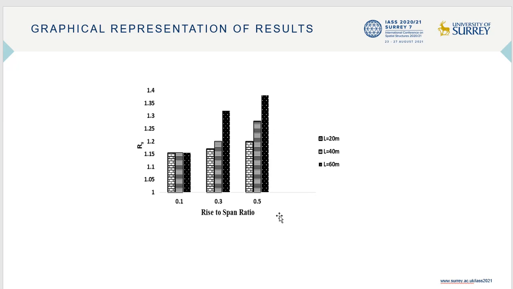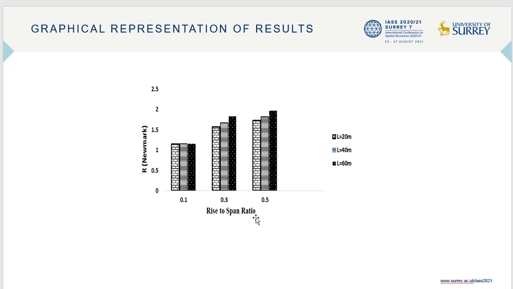The rate of change in the rise-to-span ratio of 0.5 has increased with an almost constant ratio, while in the rise-to-span ratio of 0.3 and the length of 60 meters, the difference is more significant. The maximum changes in the overstrength factor are observed in the ratios of 0.1 and 0.5, and the minimum changes are observed in the rise-to-span ratios of 0.3 and 0.5.